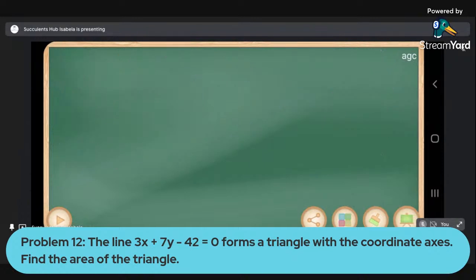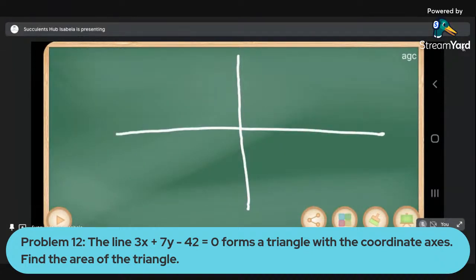So I'm just going to give you a clue. Halimbawa, so for example, yung problem na yan, ito yung sinasabi niya, no? Meron daw line 3x plus 7y.